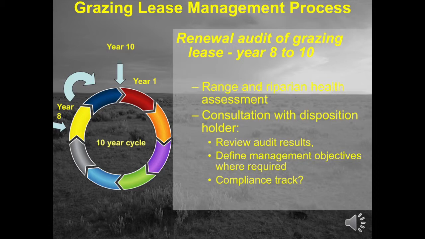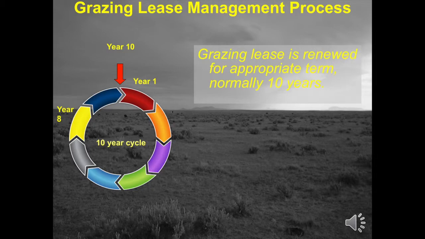But very often it's a learning experience, a positive feedback loop leading to the renewal of that grazing lease for another 10-year term. And it's through the practices of the producer and the coaching and monitoring work that our staff do that a lot of our grazing land is maintained in health and function.